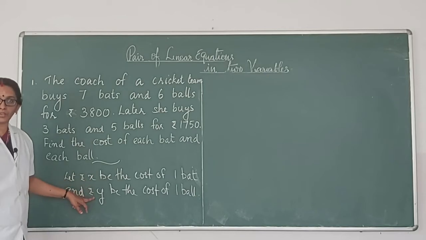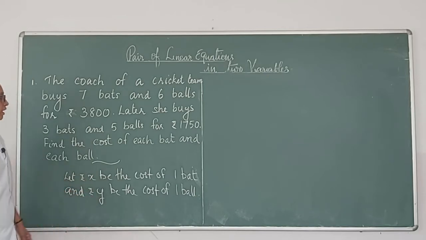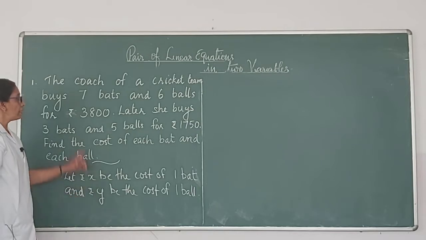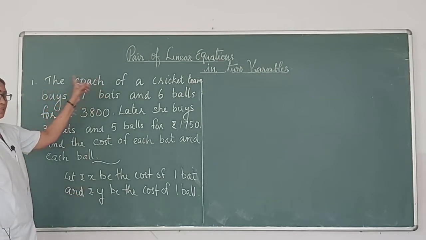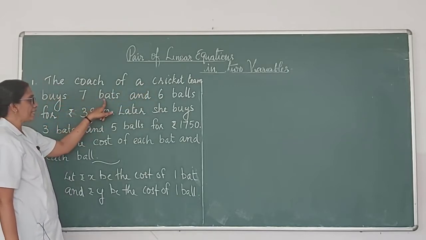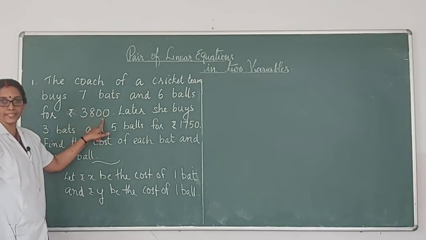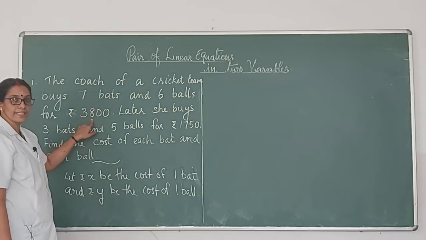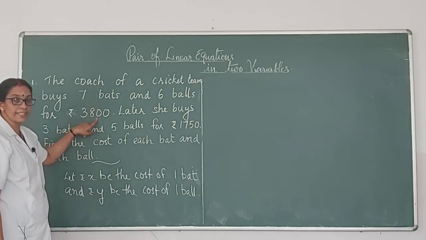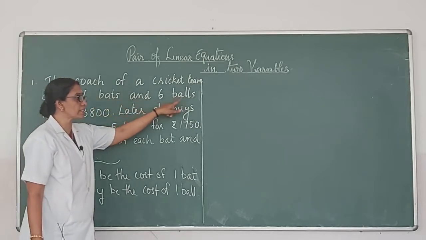Here we have two unknown variables, so we need two equations to solve. How can we frame the equation? Read the first statement. The coach of a cricket team buys 7 bats and 6 balls for rupees 3,800. So how will you write this? Rupees 3,800 is the total cost of 7 bats and 6 balls.